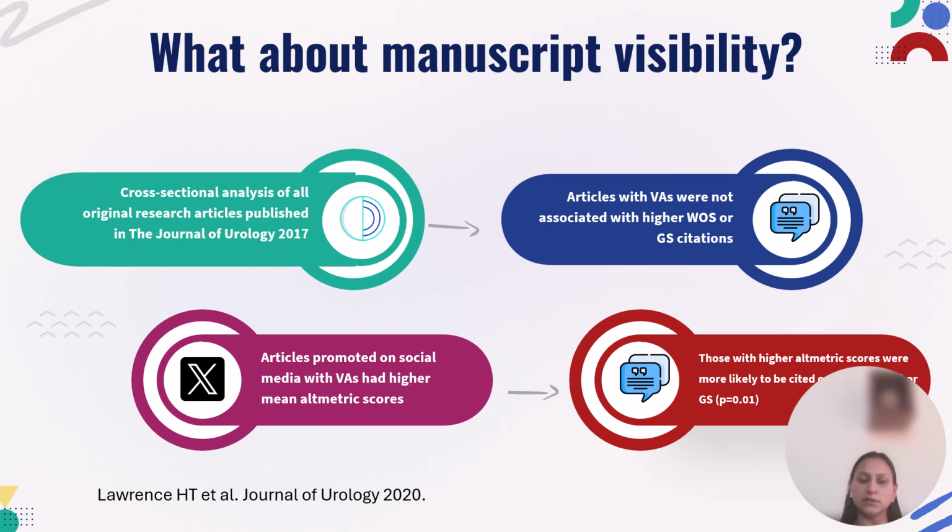But those articles that were promoted on social media with the visual abstracts had higher mean Altmetric scores. And these articles with higher mean Altmetric scores were more likely to be cited on Web of Science and Google Scholar. So just creating a visual abstract for the article will not improve the manuscript visibility. You have to spread it across the social media platforms.